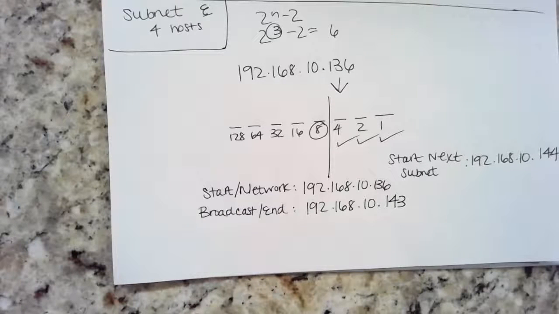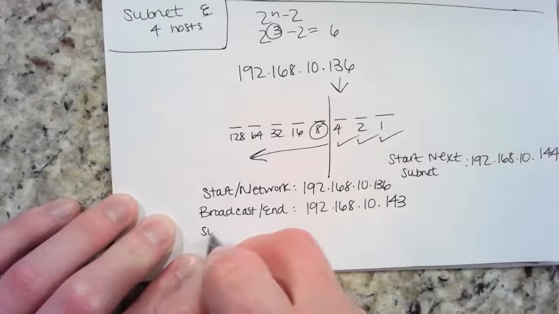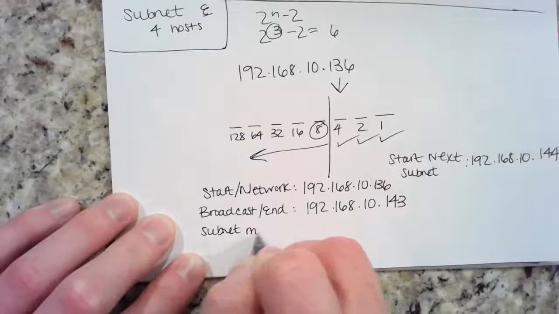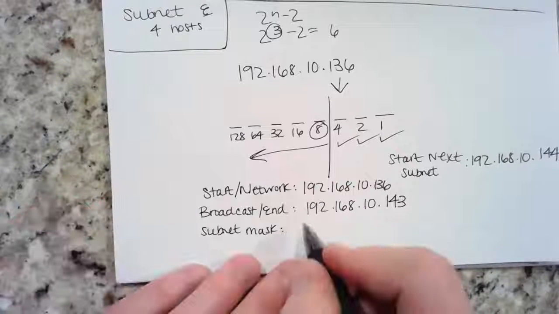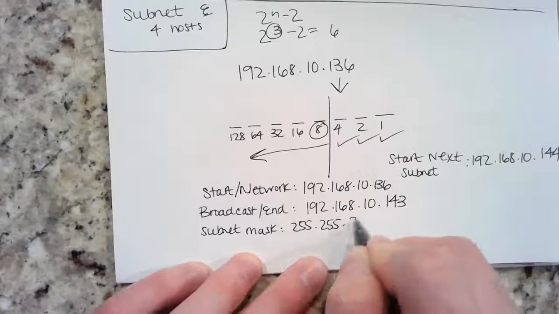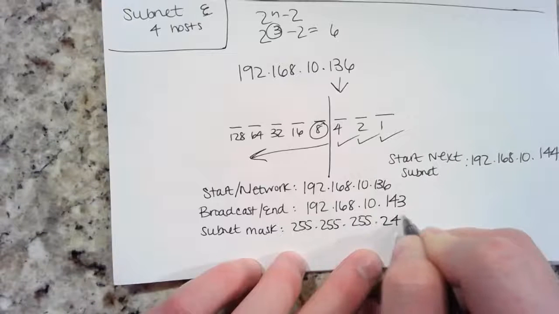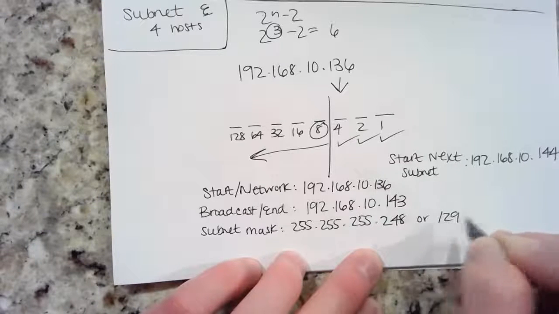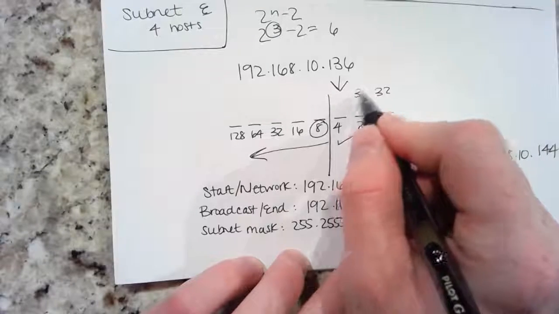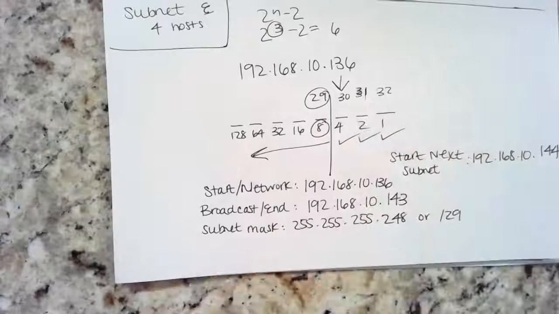Again, 136, 137, 138, 139, 140, 141, 142, 143 are all 8 addresses that we need. Okay, and then lastly, a subnet mask should be the same as the previous one, because we add everything to the left of that line. Dot 248 or slash 29, because remember this is our 32nd, 0, 31st, 30th, 29th. Okay.